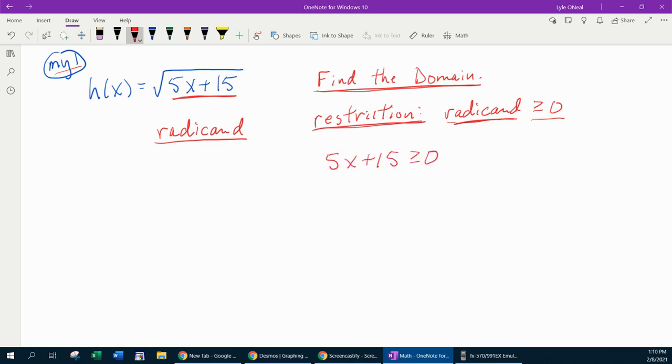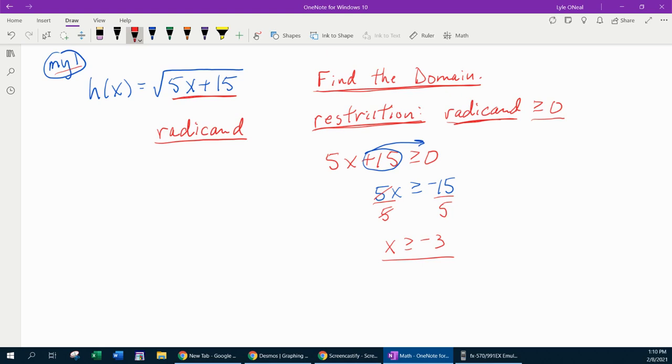So we're going to set the radicand greater than or equal to 0, and then we need to solve for x. Moving the 15 over makes it -15. And then if I divide both sides by 5, we can see that x has to be greater than or equal to -3.